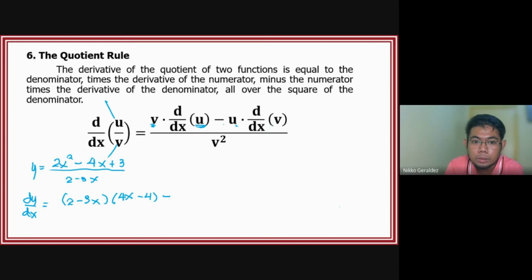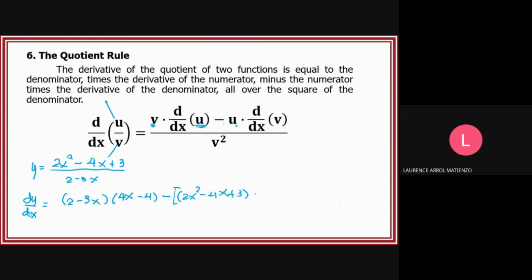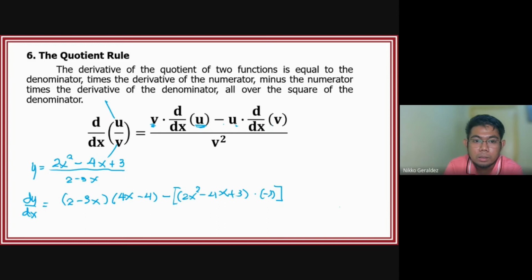Minus u, ano yung u? Numerator, 2x squared minus 4x plus 3, times derivative of denominator, 2 minus 3x, negative 3. So, over square of denominator, so that is 2 minus 3x.